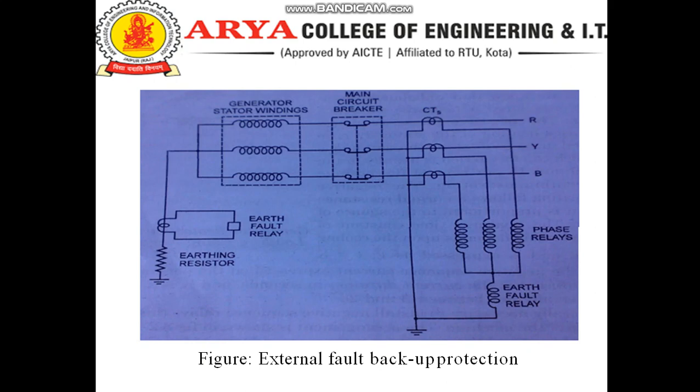An earthing resistor is connected at the common point of the generator stator winding. When a fault occurs in the system, the main circuit breaker isolates the generator stator winding, as shown in the figure.